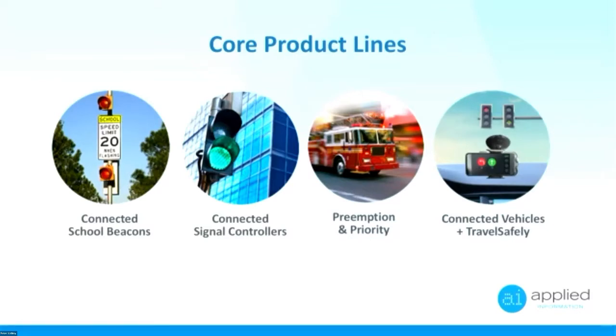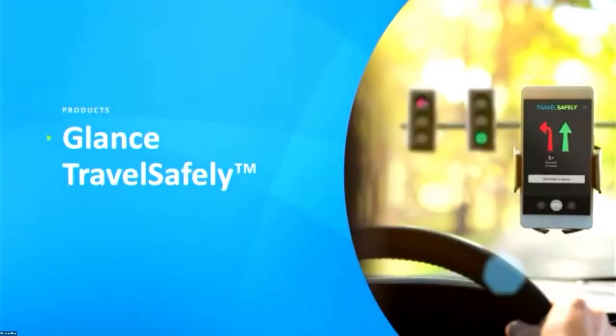And the whole idea is, how do you get connected vehicles into the hands of citizens today when most cars don't support this technology? We took a little bit of a different approach. We created a smartphone application that allows anyone to download connected vehicle technology and run it over their smartphone.